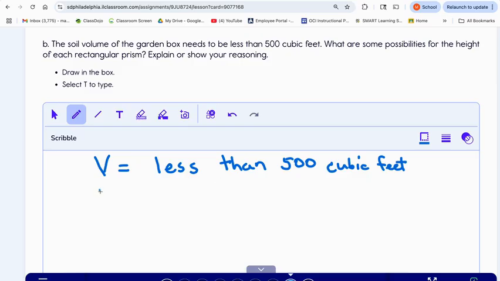I also want to make a note of what I know about measuring volume of a rectangular prism. Since the first part of the problem tells me that the base of the garden box is 200 square feet, I know that I can refer to the formula, volume equals base times height.